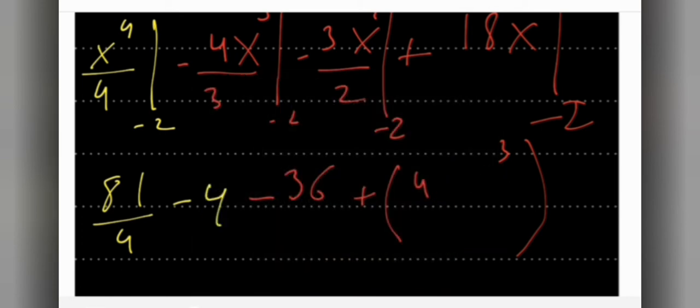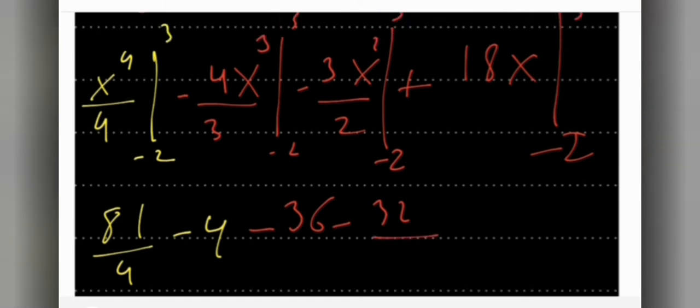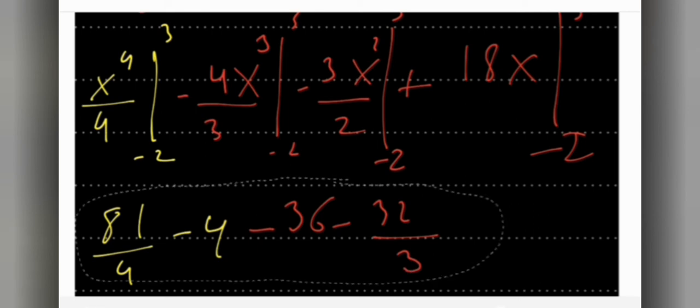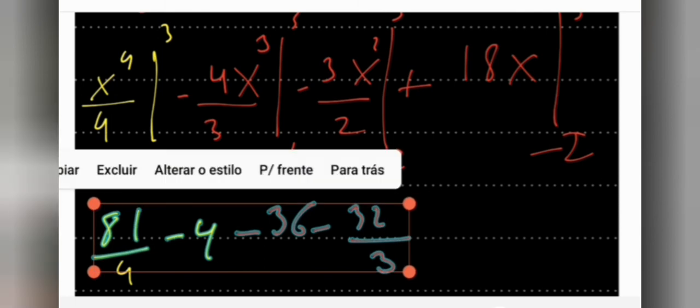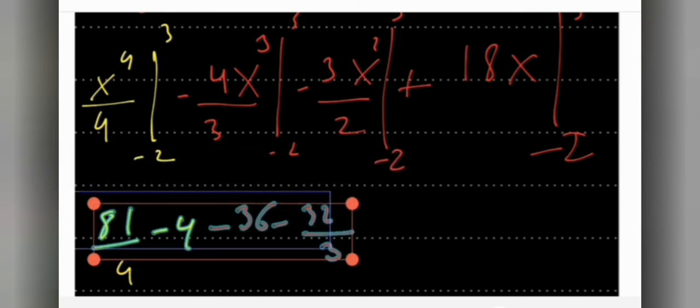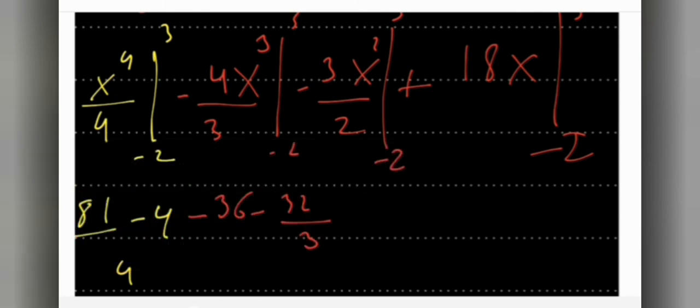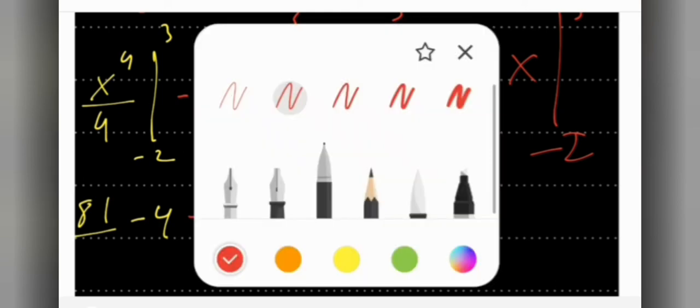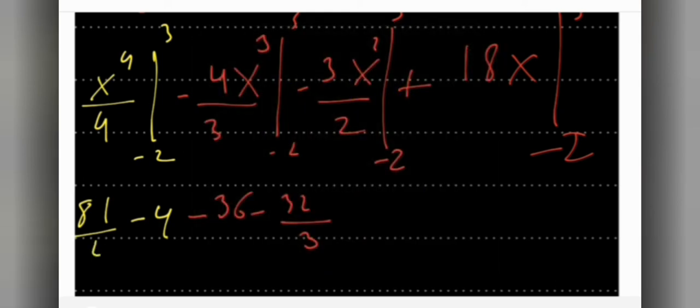So we are going to have minus 32 divided by 3, okay? One second, here it is 4.